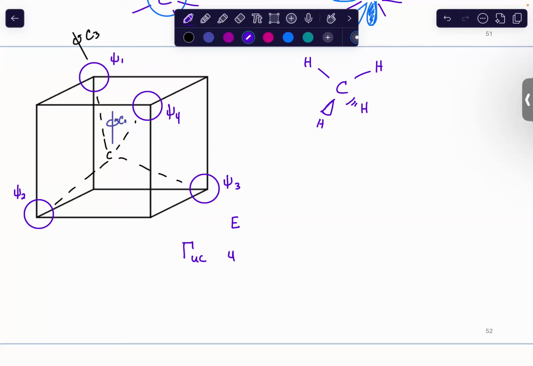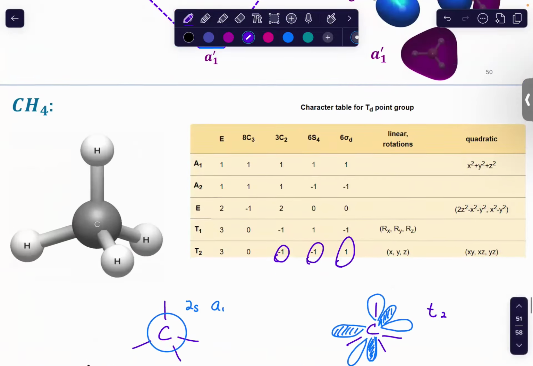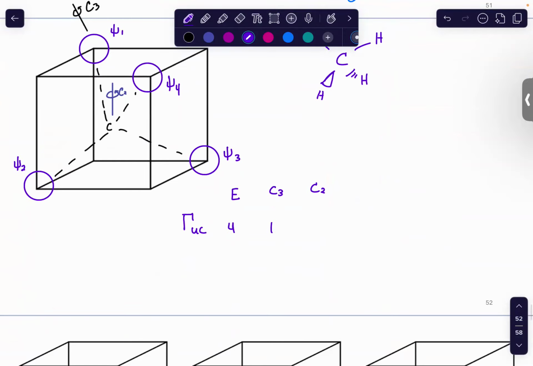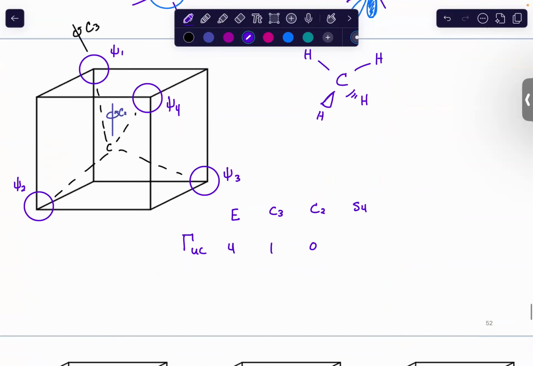So 4. For your C3, how many? Just one. All of your C2s, let's look again. I have 3 of those, and none of them stay the same. S4, what it would do is take Psi1, move it to that corner and then reflect it down. So none of them.